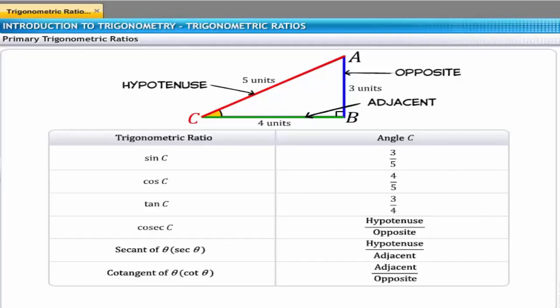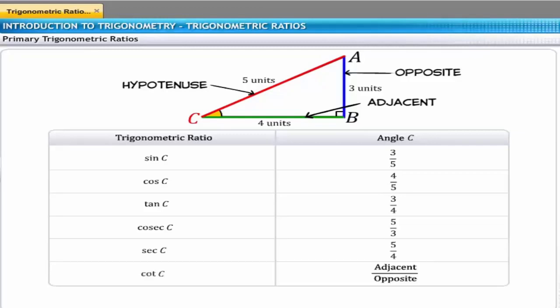Cosec C is reciprocal of sine C. Hence, it is equal to 5 divided by 3. Sec C is reciprocal of cos C. Hence, it is equal to 5 divided by 4. And cot C is reciprocal of tan C. Hence it is equal to 4 divided by 3.